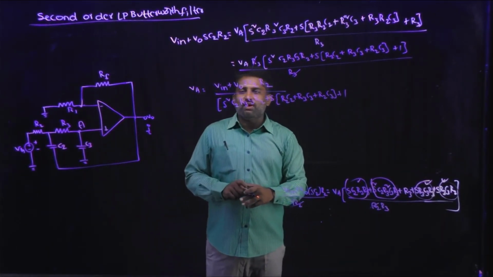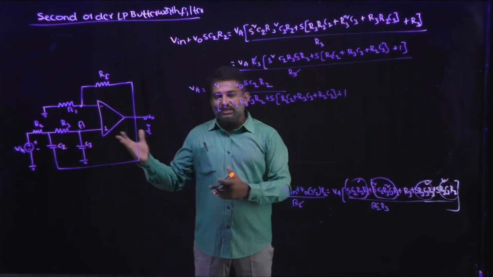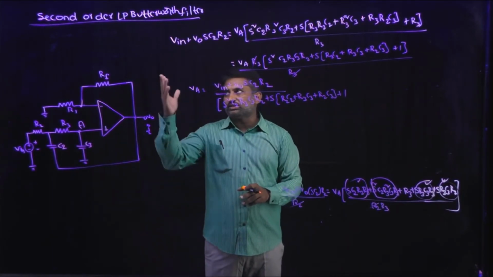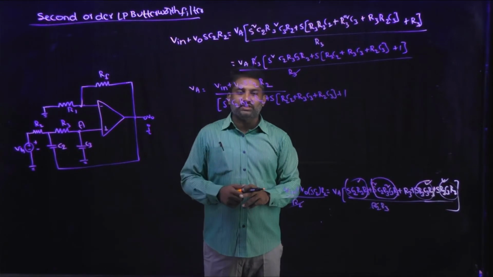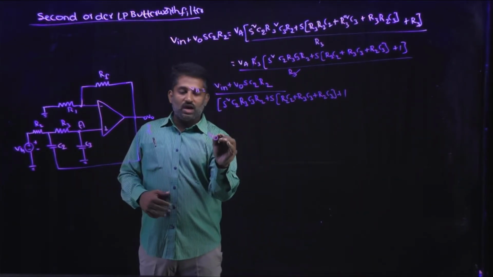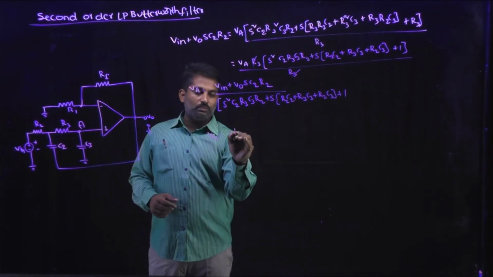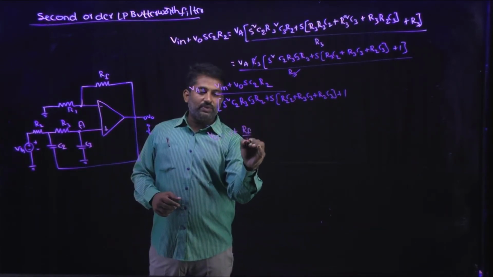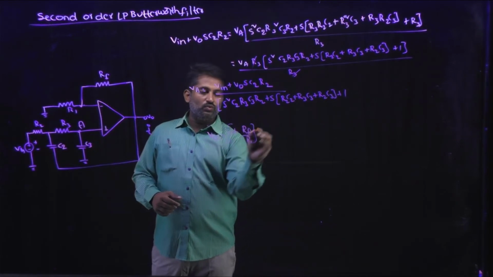From this value of VA, you can easily calculate the output voltage of the second order low pass Butterworth filter. Now the output voltage V0 will be equal to (1 plus RF divided by R1) into VA.